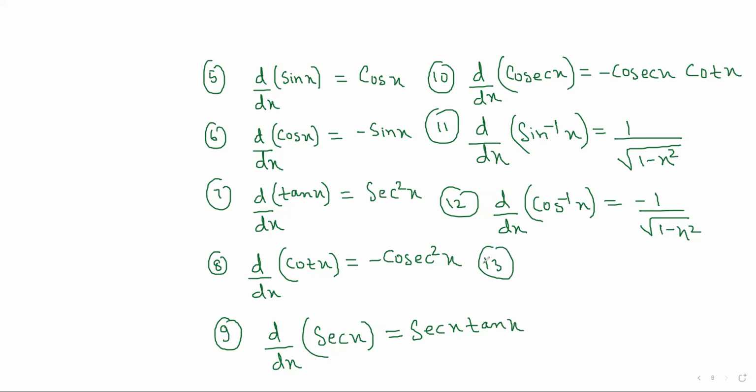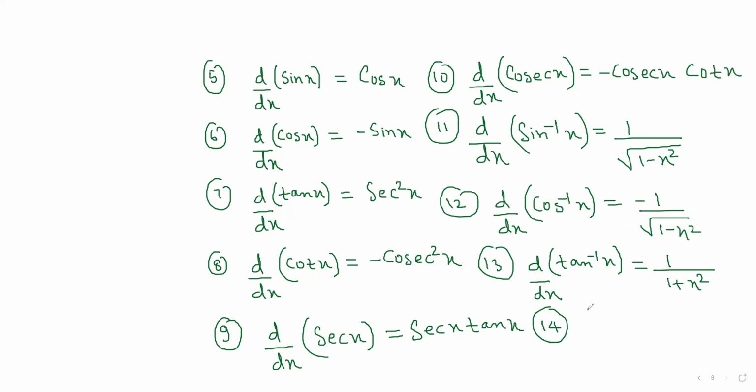Differentiation of tan inverse of x is equal to 1 by 1 plus x square.